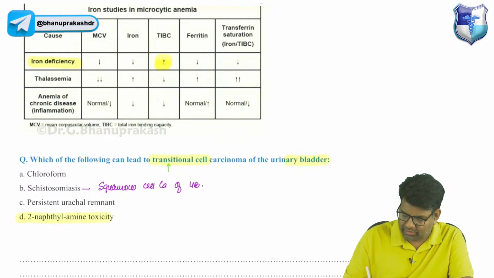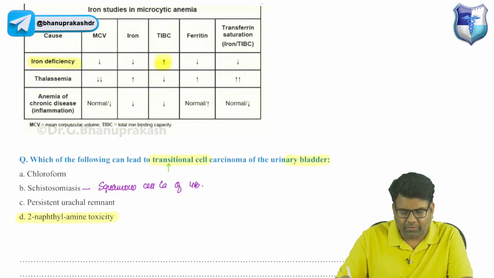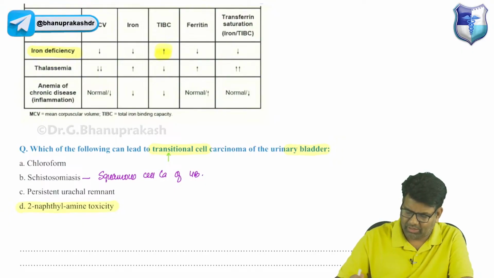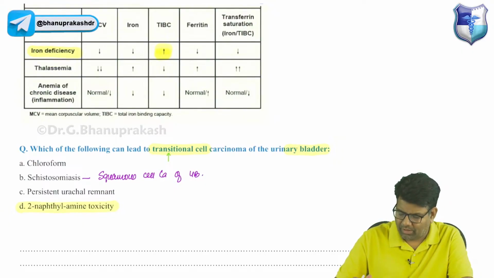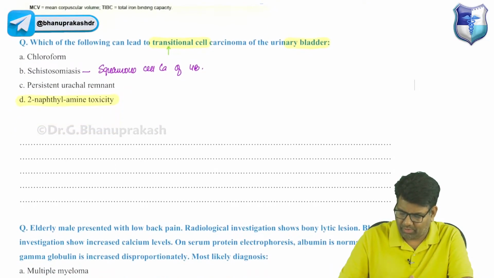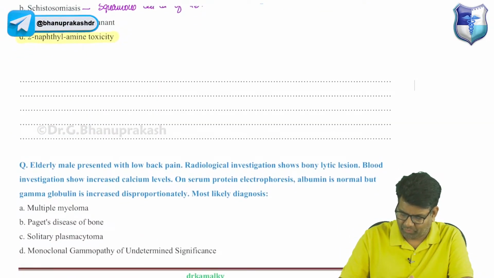The answer here is 2-naphthylamine toxicity. 2-naphthylamine toxicity will lead to transitional cell carcinoma, and schistosomiasis results in squamous cell carcinoma of the bladder. Okay? So don't mix up, please.